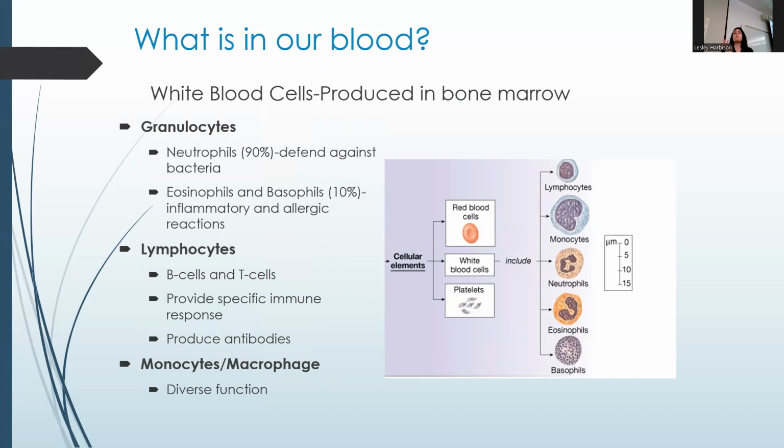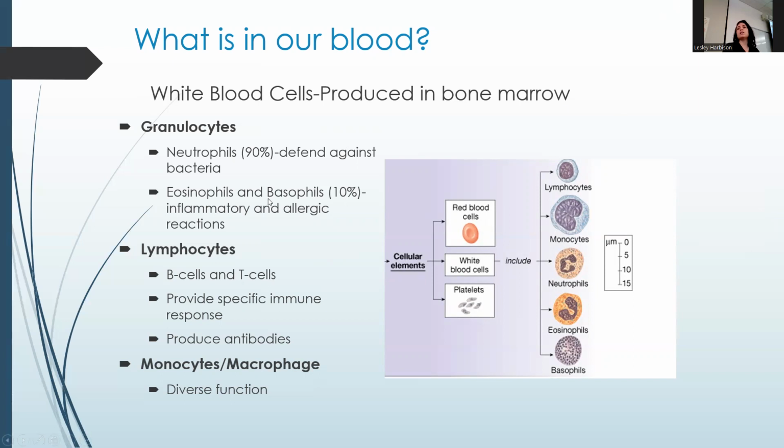What's in our blood? White blood cells and red blood cells are both produced in our bone marrow. Among the white blood cells, we have granulocytes, lymphocytes, monocytes, macrophages. They're all different components of white blood cells in our immune system. The granulocytes are the largest component, up to 90%, and the neutrophils are specific granulocytes that defend against bacteria.